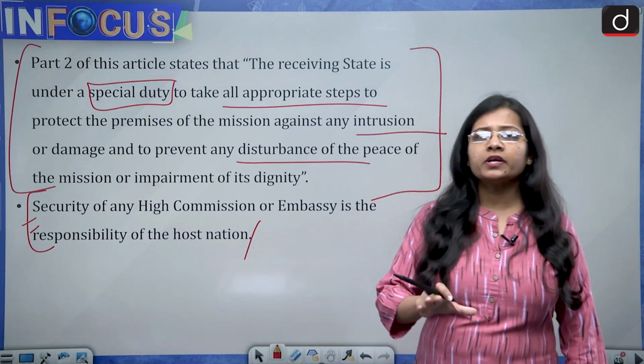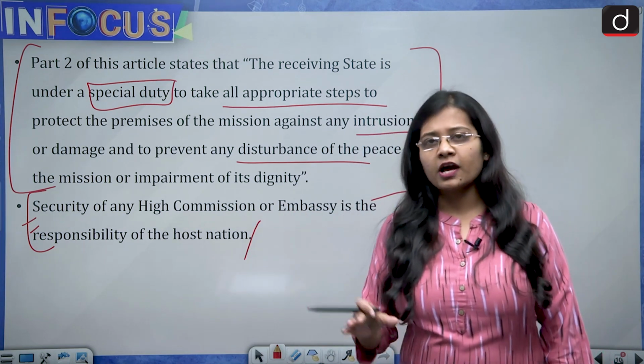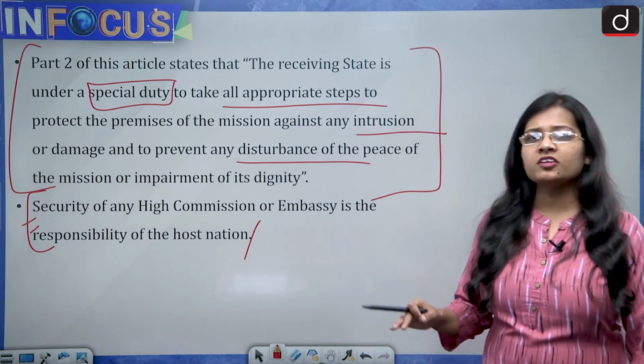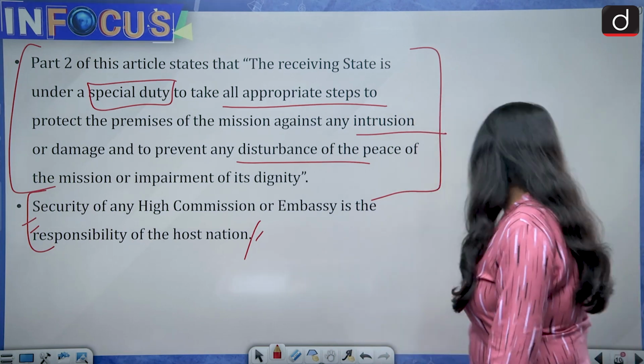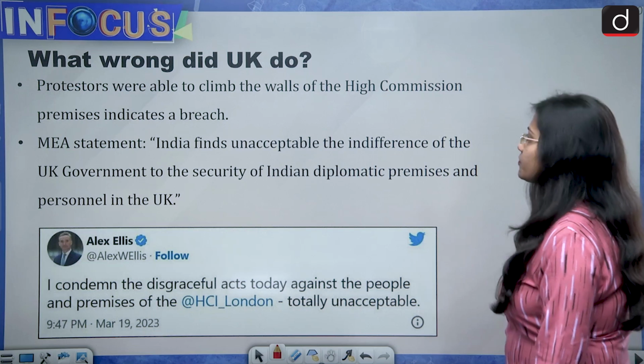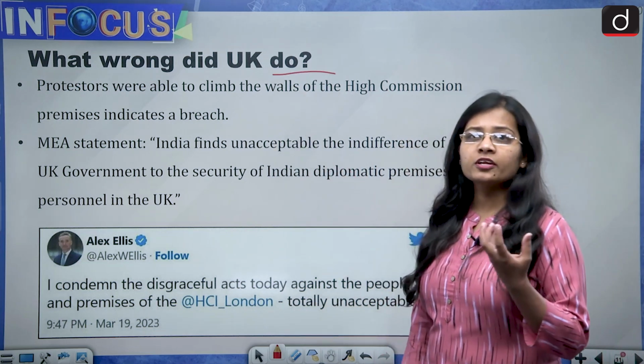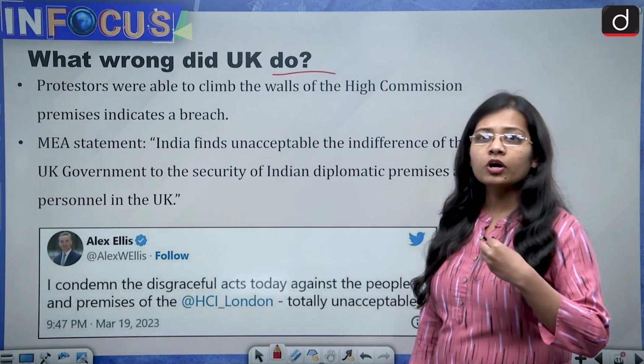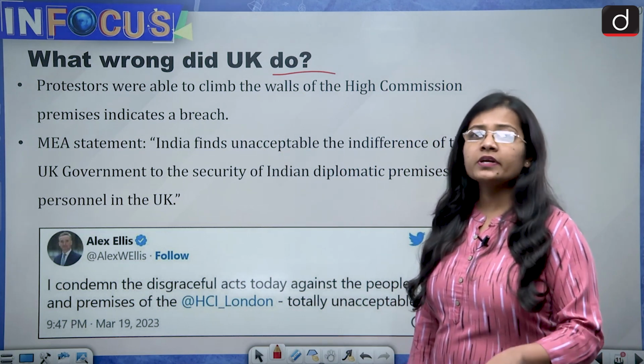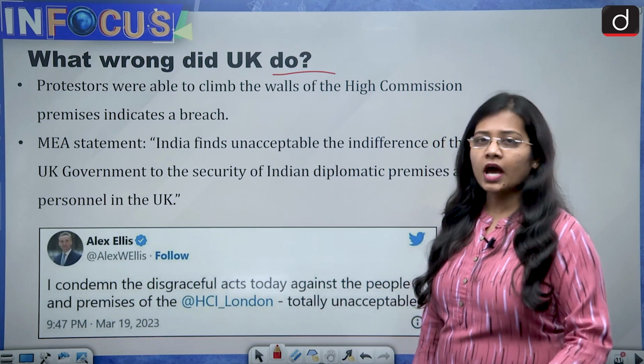So whatever happened at the High Commission of India or the Indian Embassy has to be the responsibility of the United Kingdom. Then what did the United Kingdom do wrong, that they could not stop what happened at the Indian Embassy or Indian High Commission?